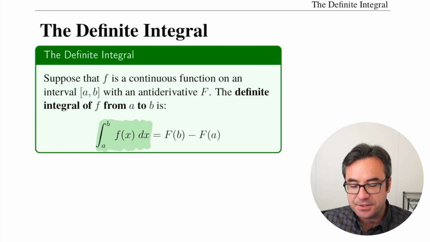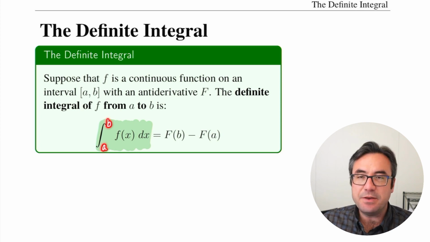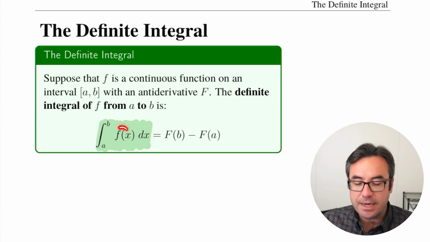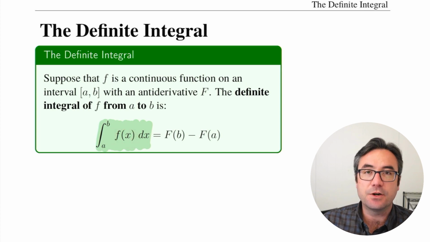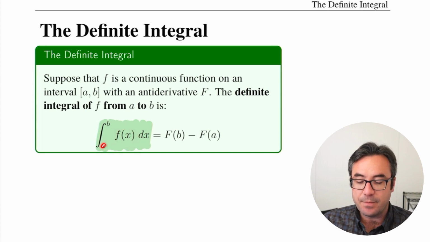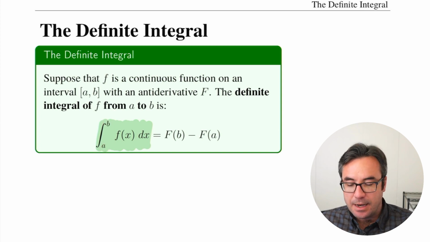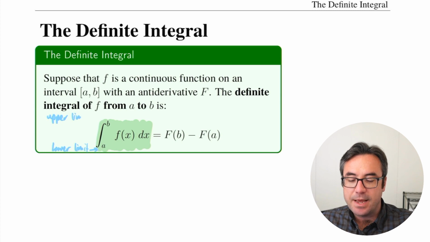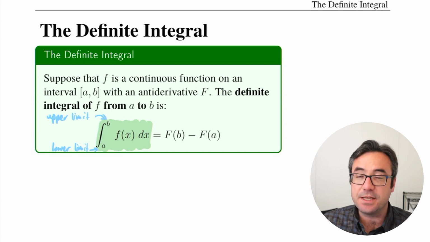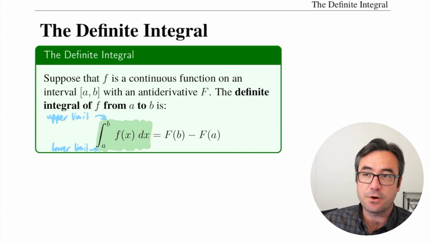So that's where these a and b values come from. We're looking at a section of our function f of x from a to b. And on our integral sign, we call those the lower limit and the upper limit. And together we call these the limits of integration for our definite integral.